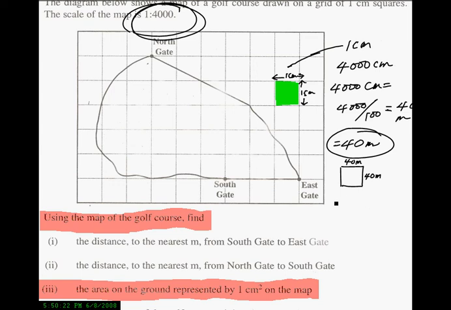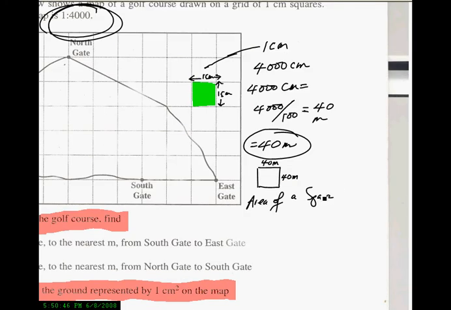And the area now would be easy, because the area of a square is equal to side squared. Or you can still use length by width, same thing really.